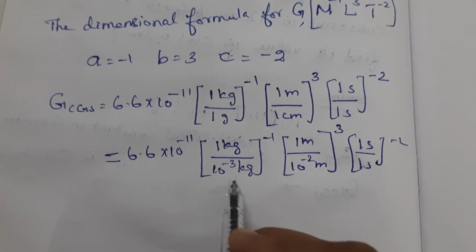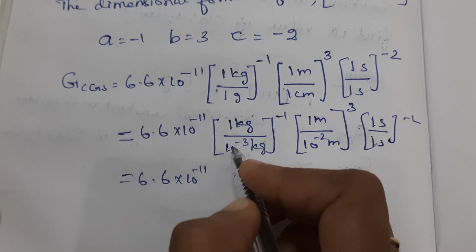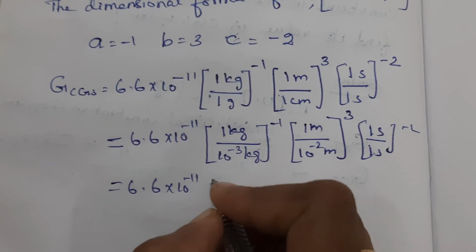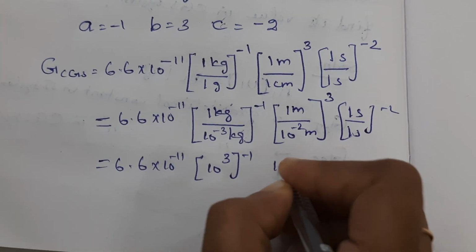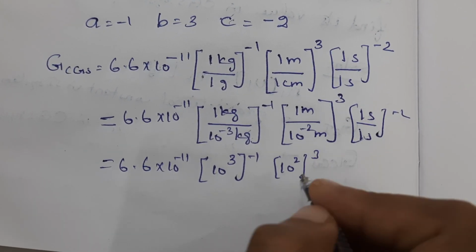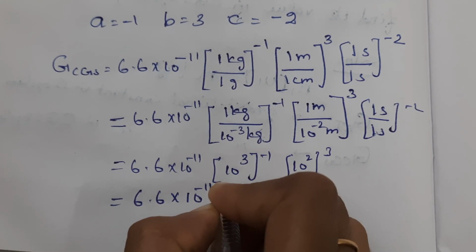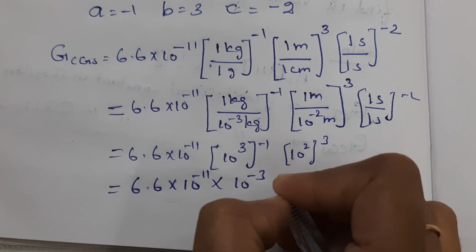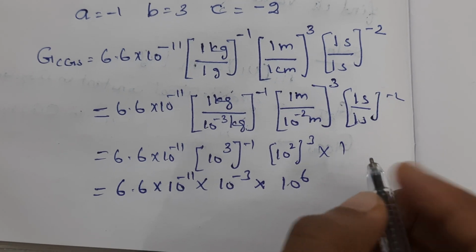So here kilogram and meter get cancelled, and 1 power minus 2 is the same. We can write 6.6 into 10 power minus 11 into 10 power minus 3 into minus 1, that is 10 power 3, into 10 power 2 into 3, that is 10 power 6. So into 1.